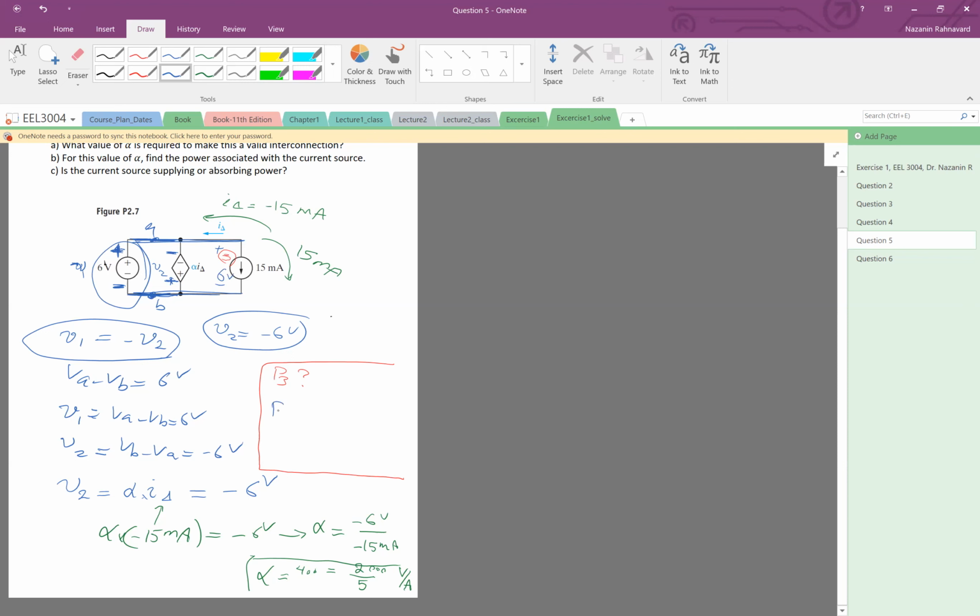The current is going exactly this way, from plus to minus within the element, which complies with this 15 milliamp. So this is 90 milliwatts, and it's positive. So it means that actually the current source is absorbing. Great.